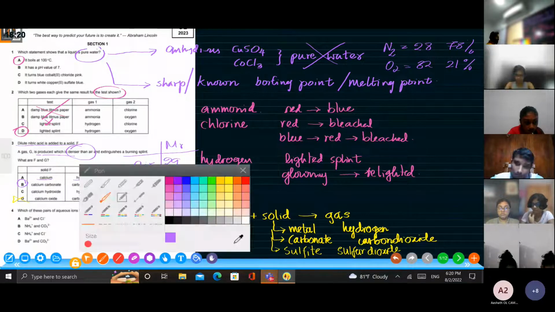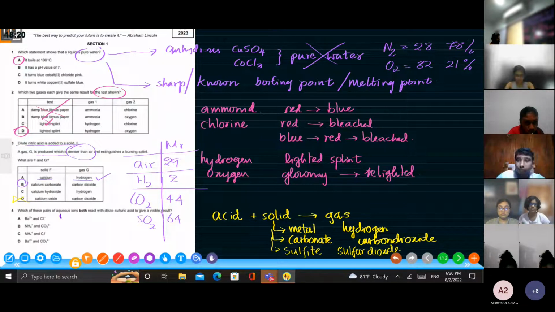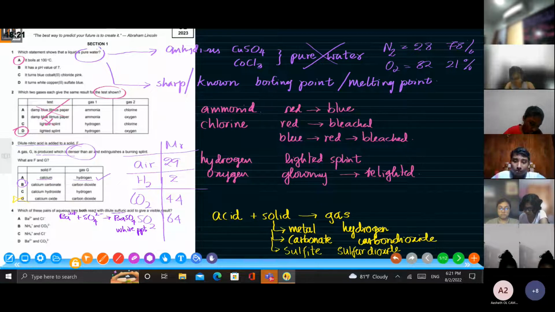For example, if you take barium and put sulfuric acid, it gives barium sulfate, a white precipitate. So barium will definitely give a result.